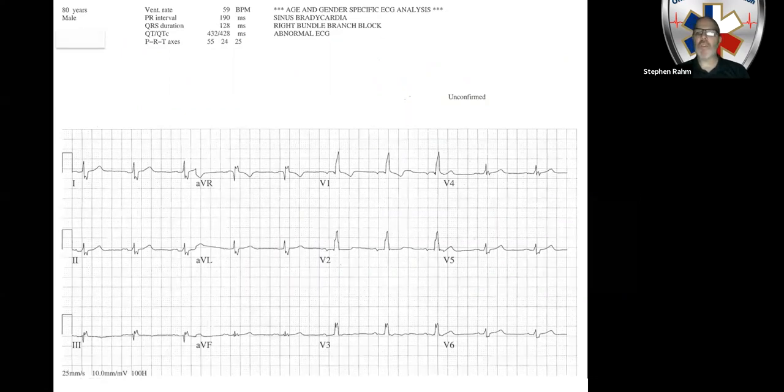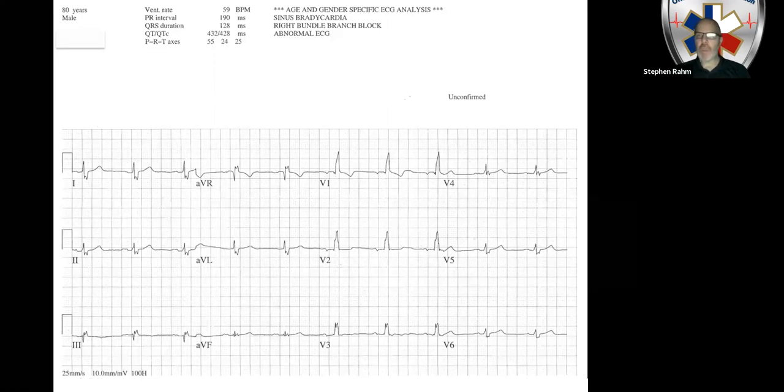One of them was the turn signal method, right? So if you're driving in your car and you want to make a right-hand turn, then your turn signal would go up. What that has given some people the impression of is that with a right bundle branch block, all of V1 would have to be up.